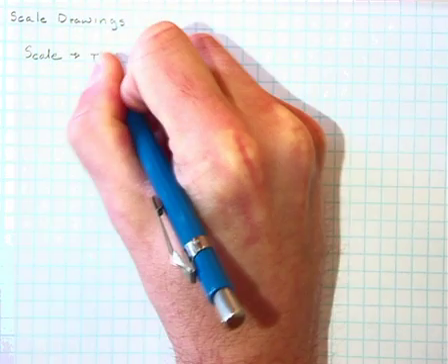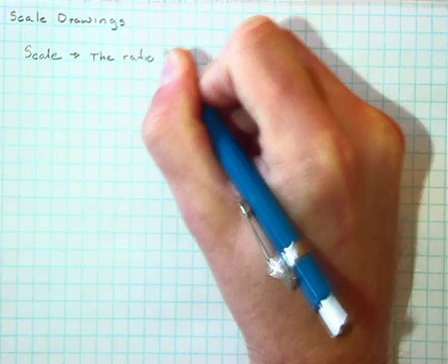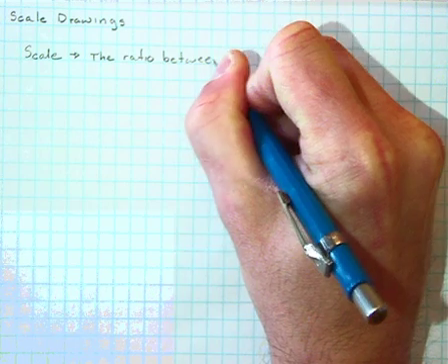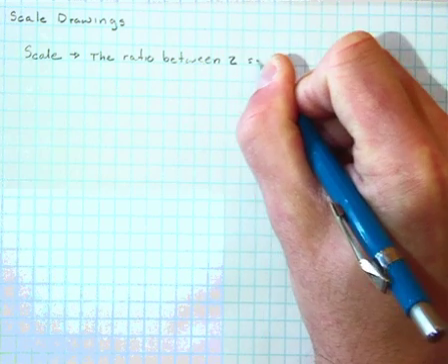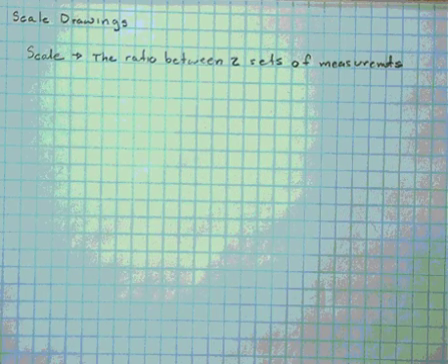All scale is the ratio between two sets of measurements. So the ratio between two sets of measurements.